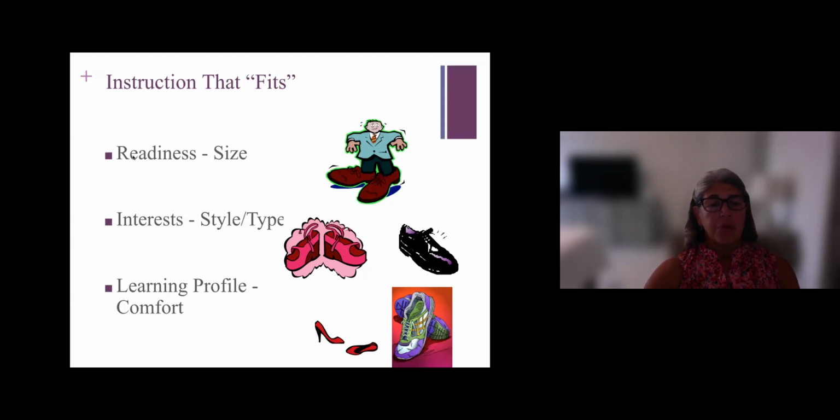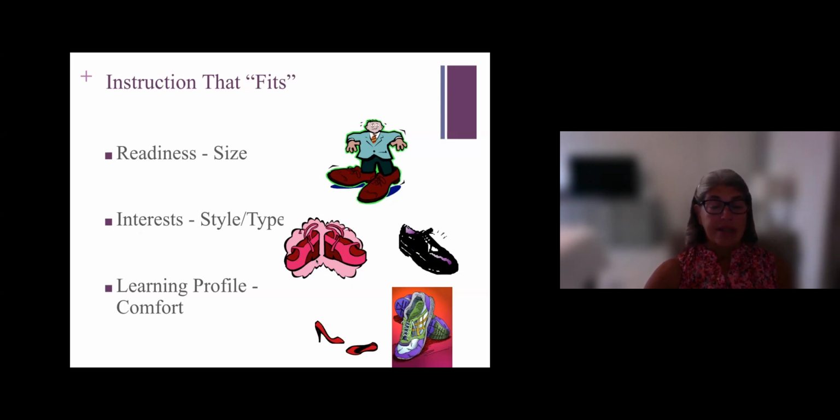So we look at three things when we're looking at fitting instruction to the learners who are different. We can change the readiness, which is like the size of the shoes, to fit the student so that it's just right. The learning is just right for their readiness, whatever they're ready to learn. We can change the instruction based on interests, and this would be kind of like the style we talked about.